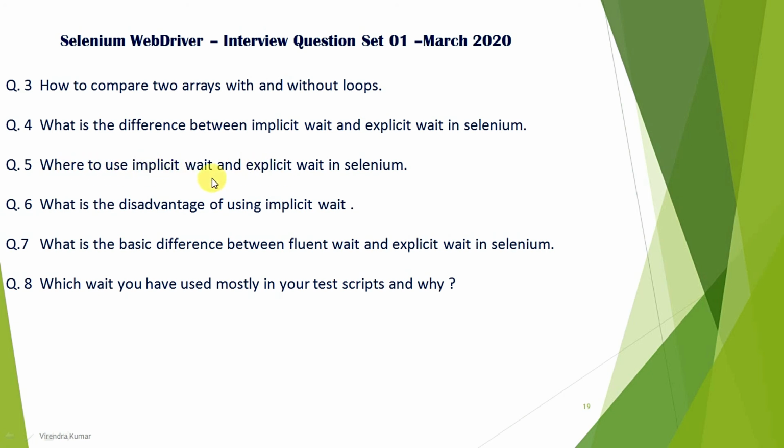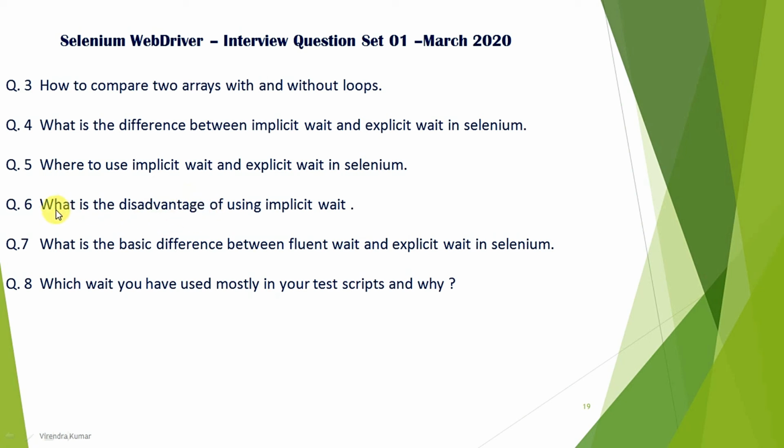If you have really used the implicit wait and the explicit wait, then you are aware of what the difference is and where to use these waits, because they both have different importance in Selenium. They are not the same wait, and you should know in what situations to apply them. You just google the answers to these questions. If you are not able to find the proper answer, just let me know. I will provide the answers for set 01.